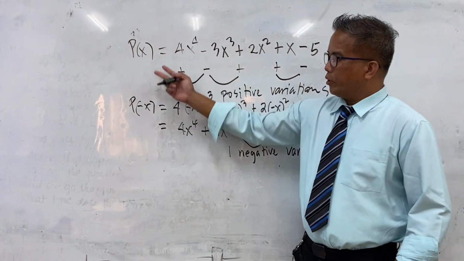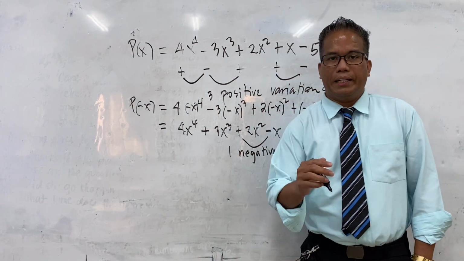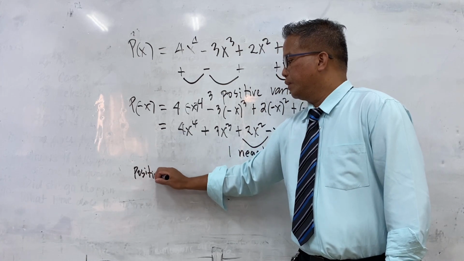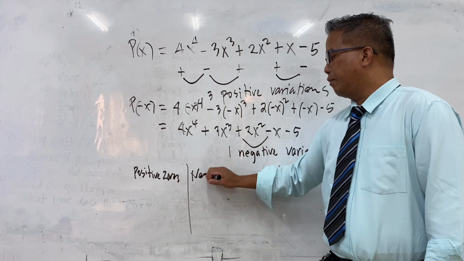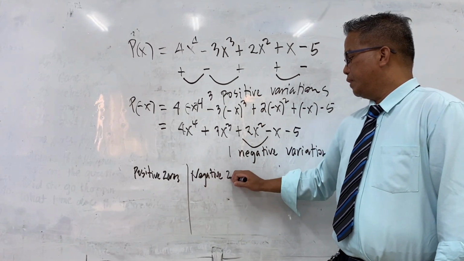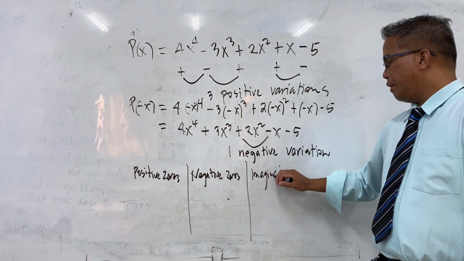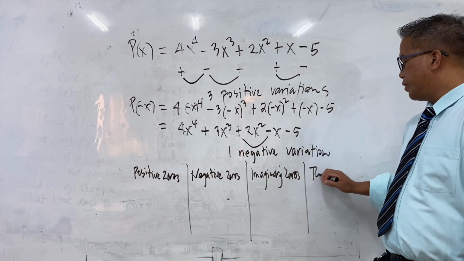Now, after computing this, we are going to construct a table of values. It's divided into 4 columns. The first one is the positive zeros. Then we have the negative zeros, the imaginary zeros, and of course the total.